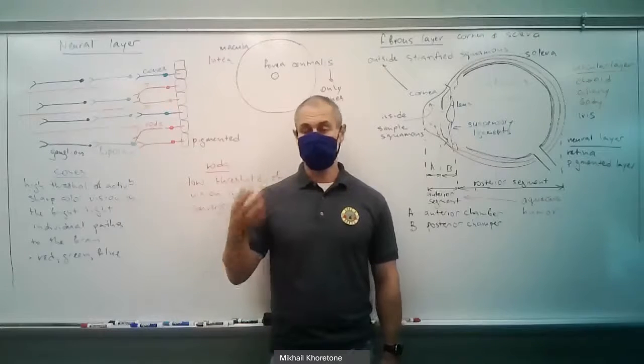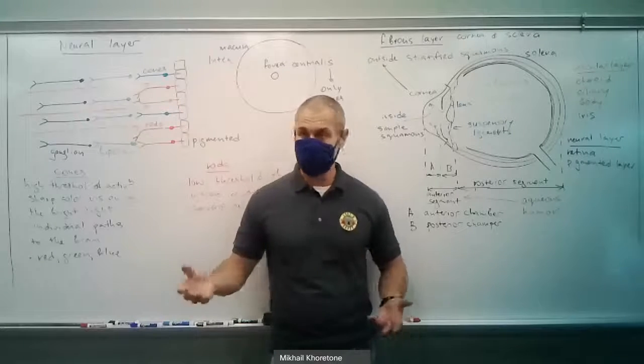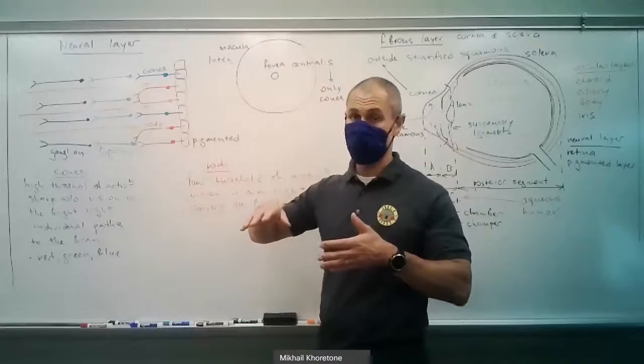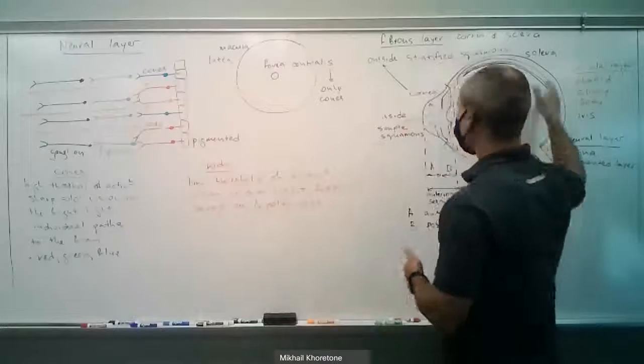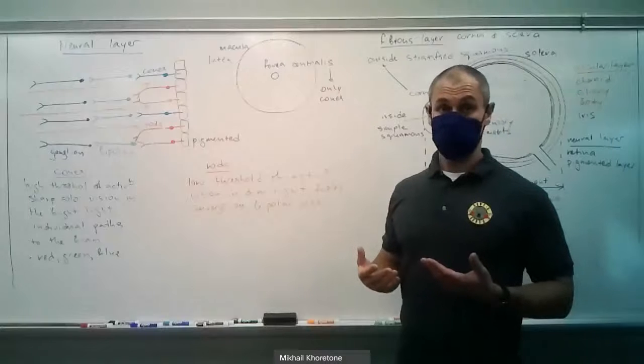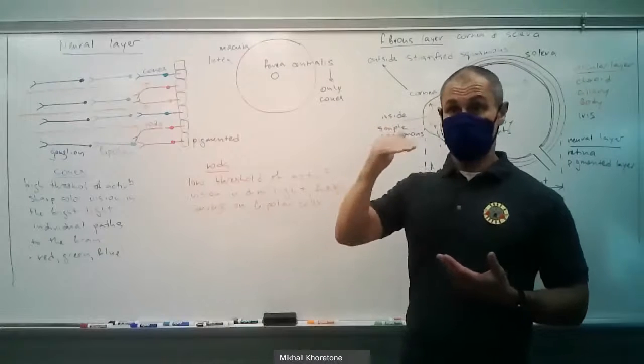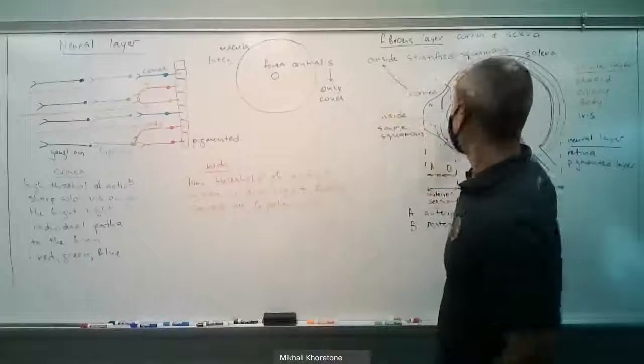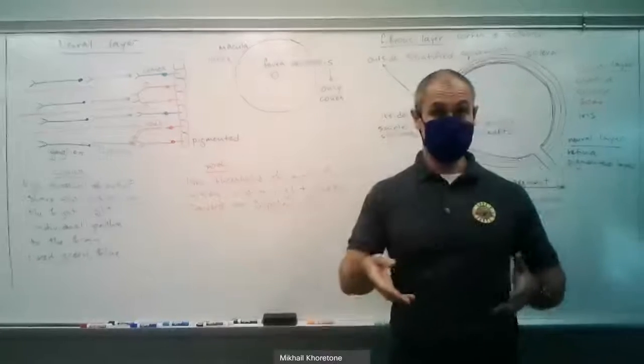A little point that I forgot to mention goes to light perception. When the light gets into the eye, remember the sclera is white. If the inside of your eye were white, light would scatter all over the place. Make sense?